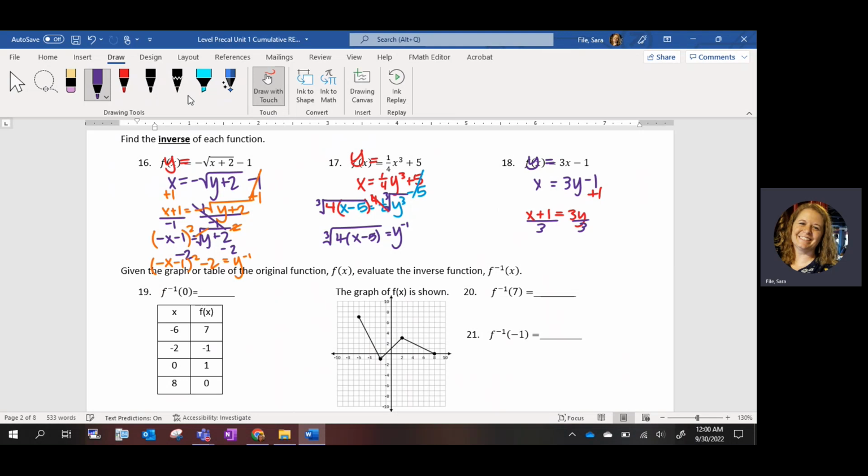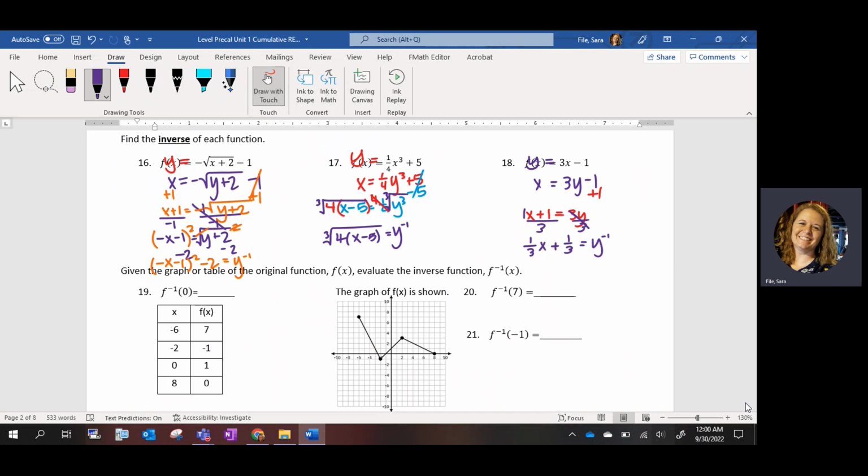So the whole other side gets divided by 3. So this may be left as x plus 1 over 3, or it could be written, this is an understood 1 in front of the x, so it could be written as 1/3 x plus 1/3, where you separately divide those by 3 instead of having it all together over 3.